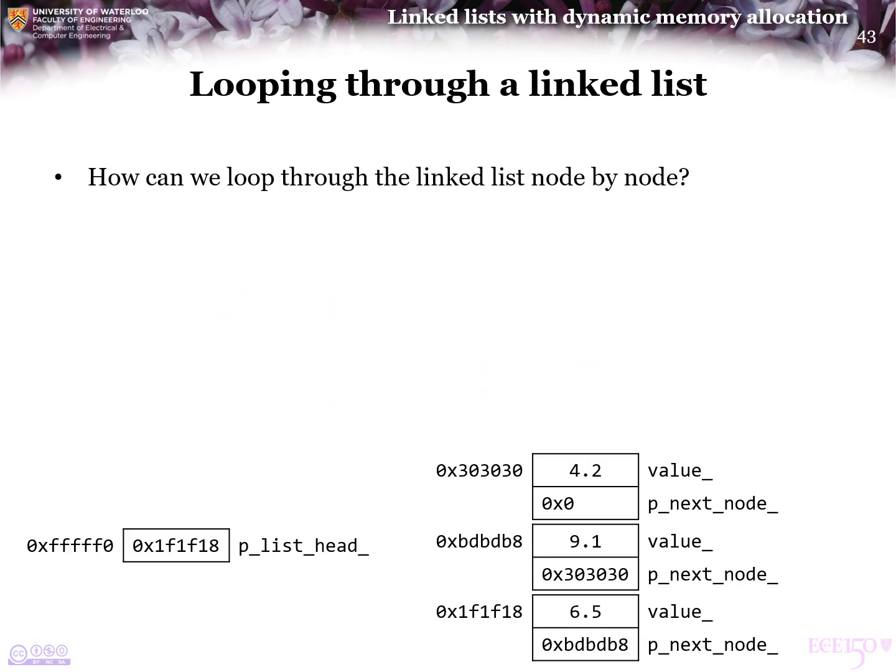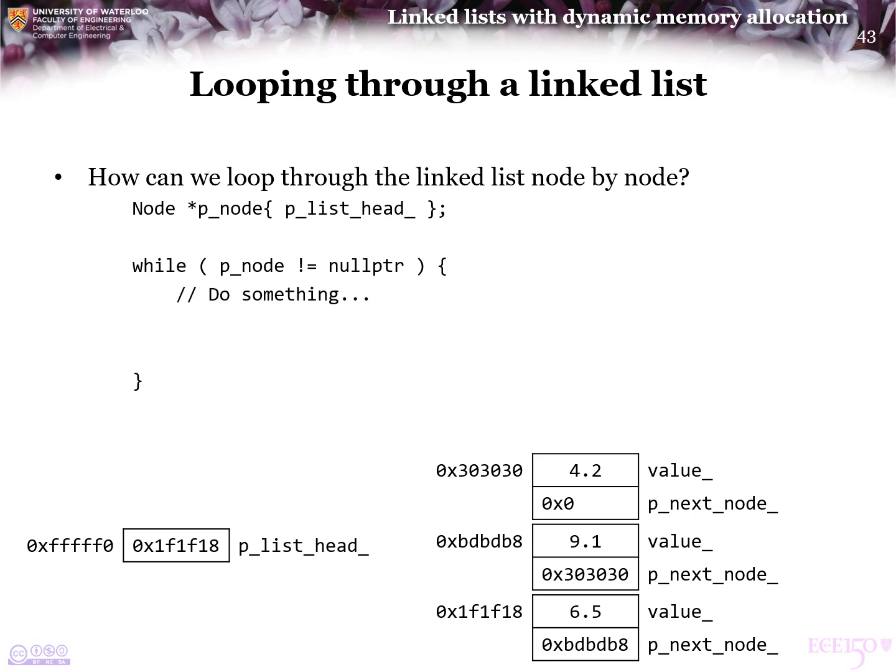So how can we loop through our linked list node by node? As before, we suggested that we have a local variable that stores the address of a node, and we will initialize it with the value of pointer to list head. Now, while this pointer is not equal to the null pointer, we will do something.